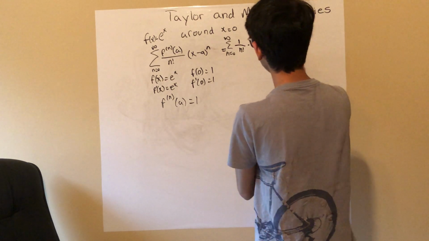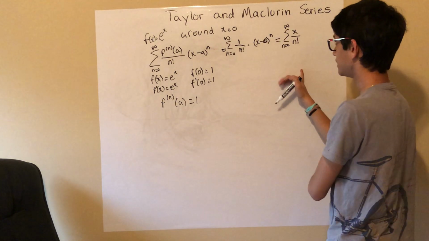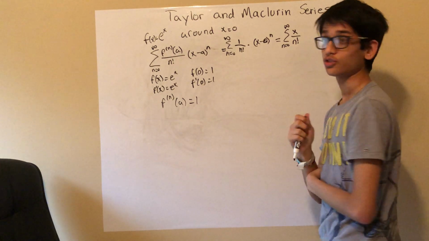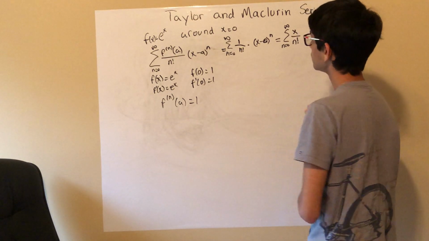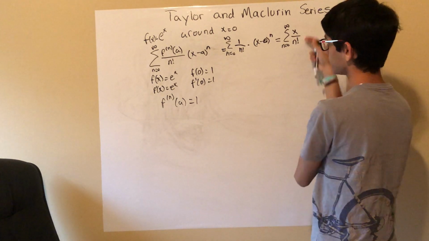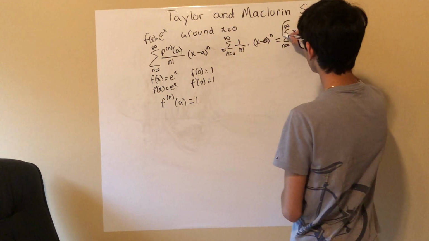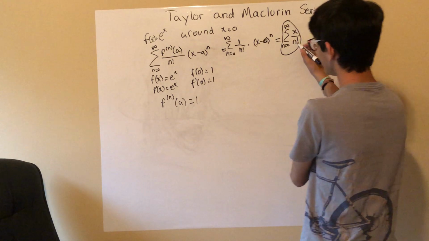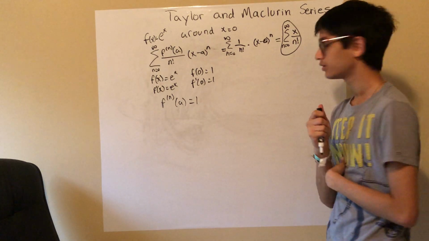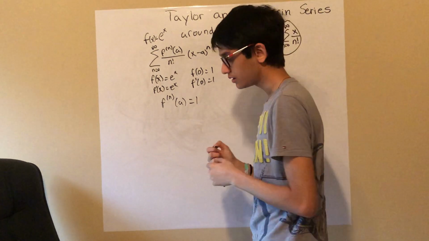As you can see, this can give you your radius of convergence, and it's all real numbers. So this is the Maclaurin series for e to the x. You should keep this memorized.